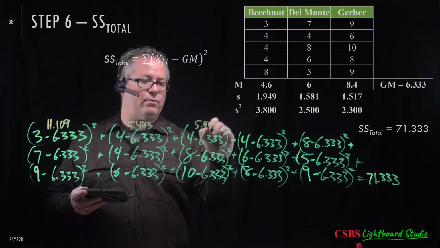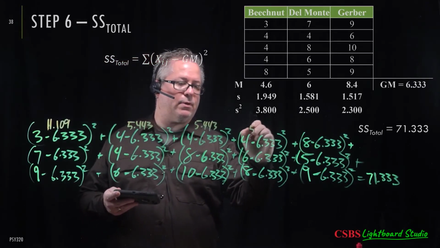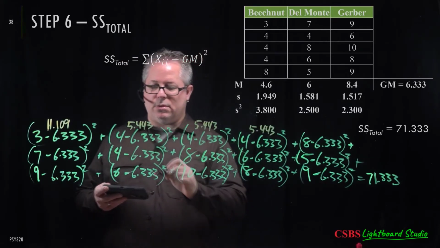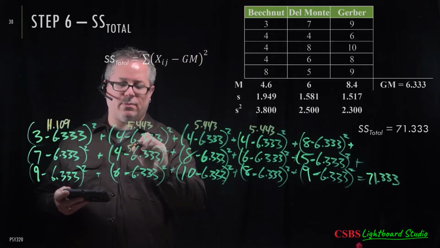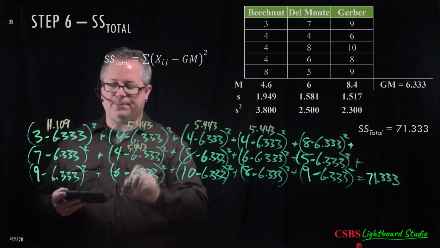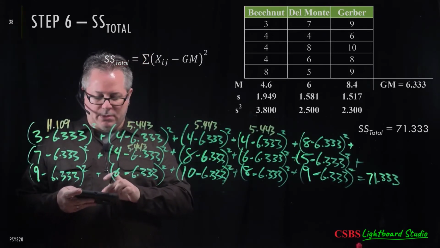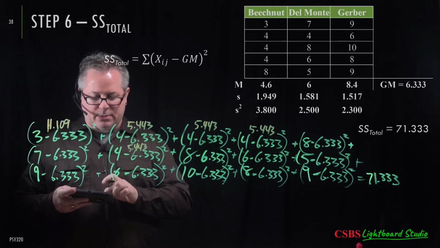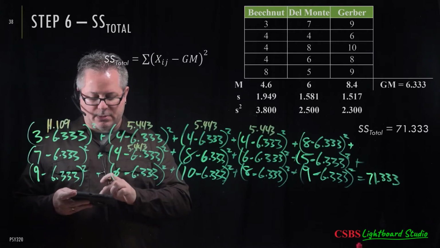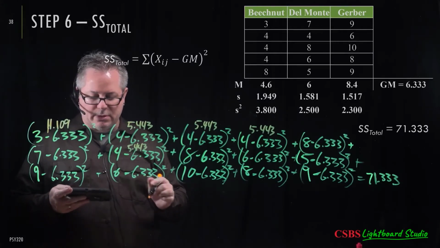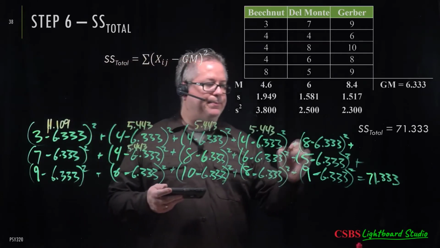This is 5.443, this is also 5.443. So let's do 8 minus 6.333 equals 1.667 squared, 2.779.